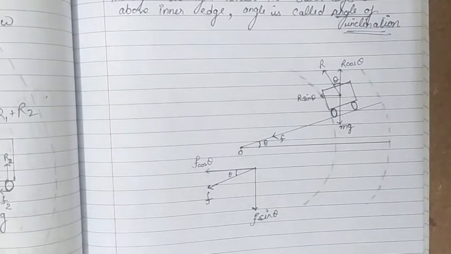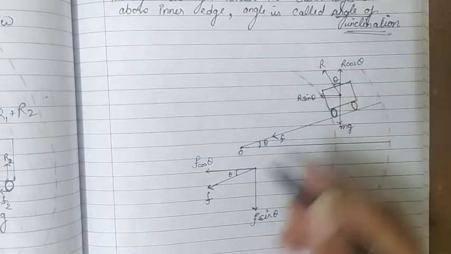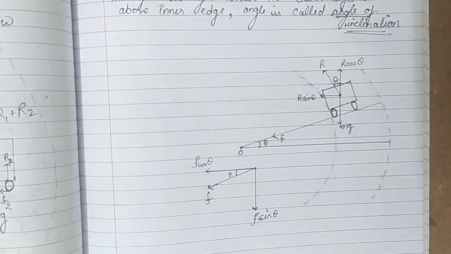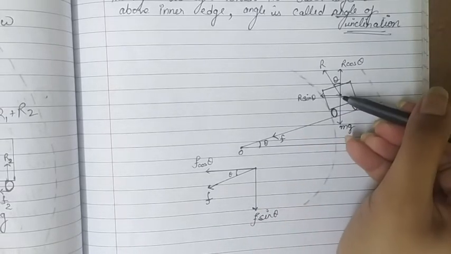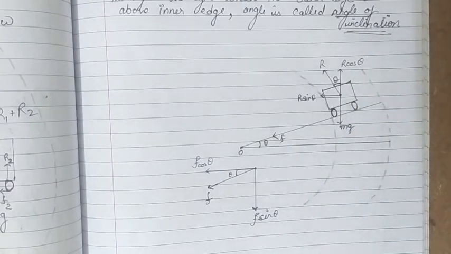the horizontal component of the normal reaction participates in providing the necessary centripetal force. In this case friction is not the only one responsible for providing centripetal force; R sin theta, the horizontal component of this reaction, is also taking part in providing centripetal force.